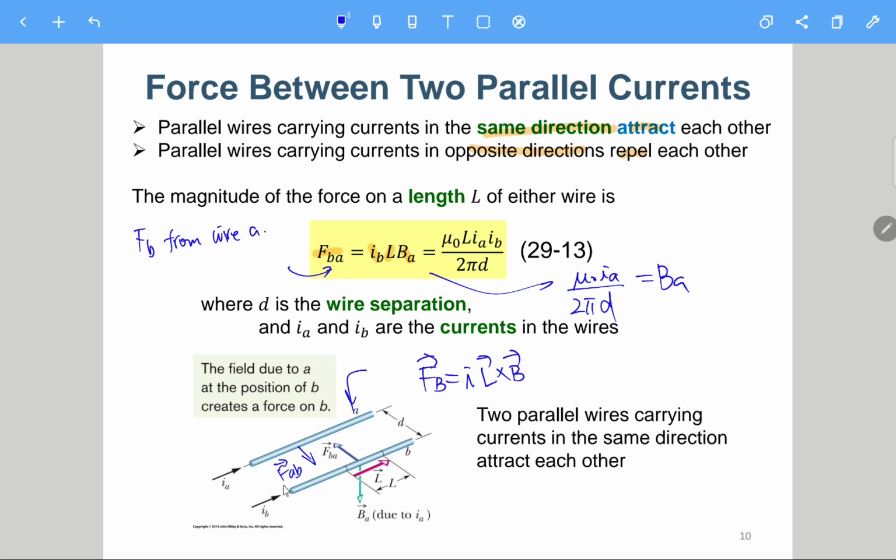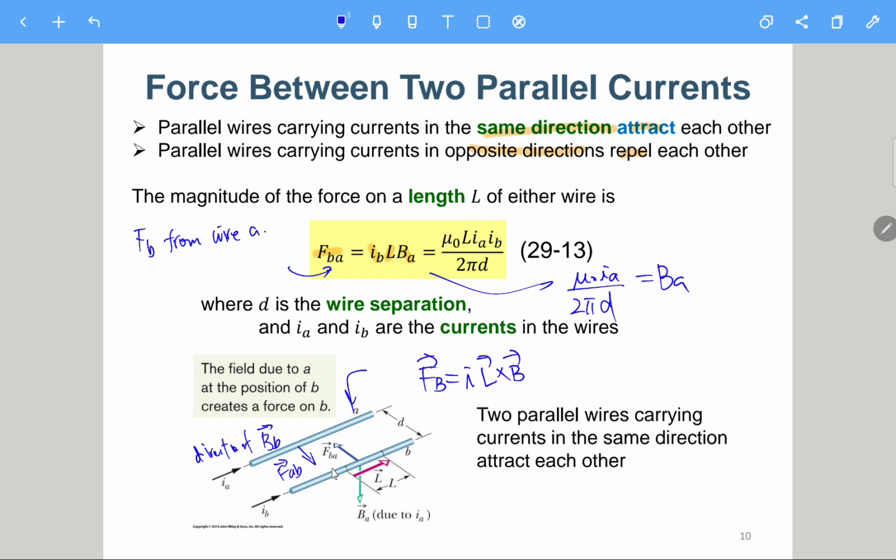You can try to draw what is BB, the direction of the magnetic field generated by wire B. What is the direction of BB? And then L should point to the same direction, and then you can finally find that L cross BB will point this way.